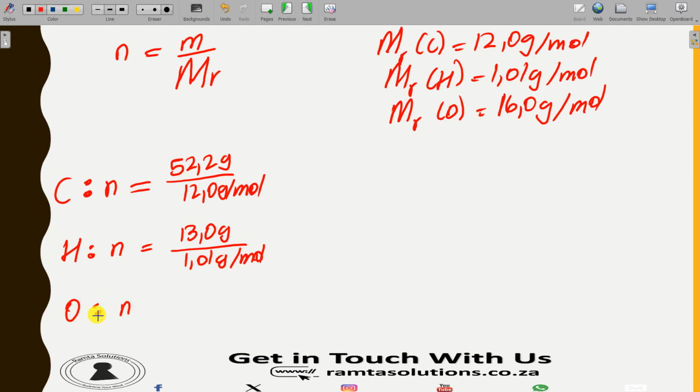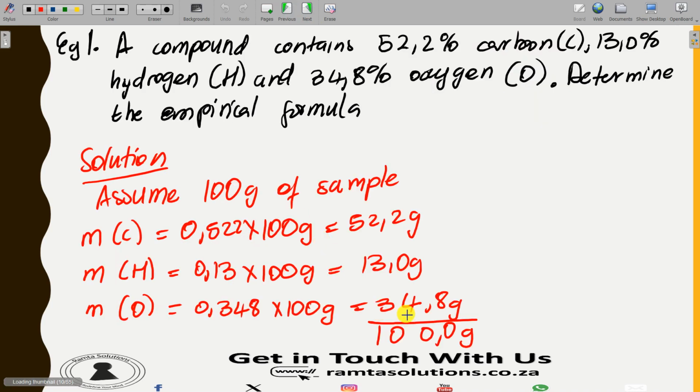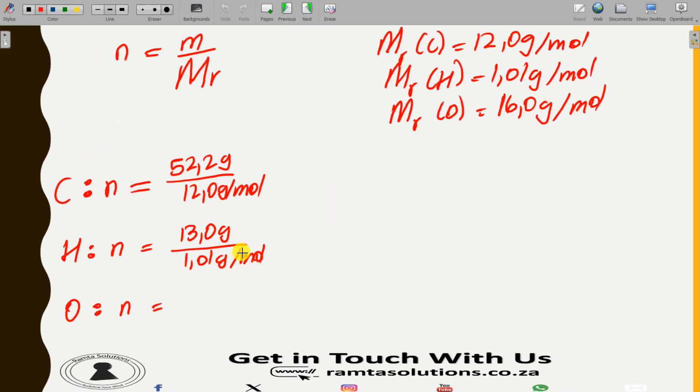Lastly, look at oxygen. Number of moles is mass over molar mass. What is the mass of oxygen? Let me go back to check. 34.8 grams over the molar mass, 16.0 grams per mole. Now let's get our answers.